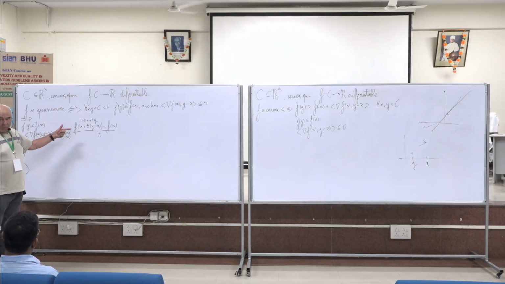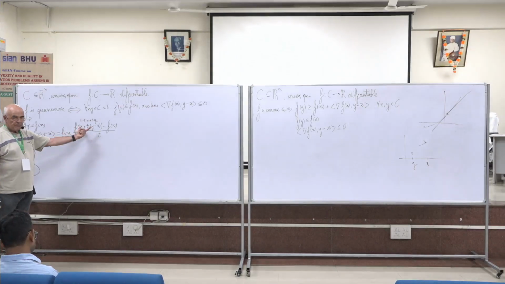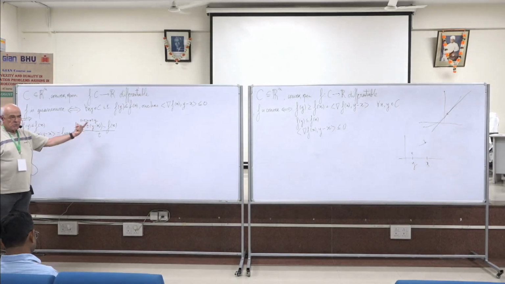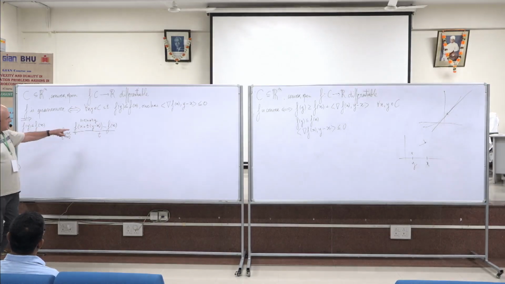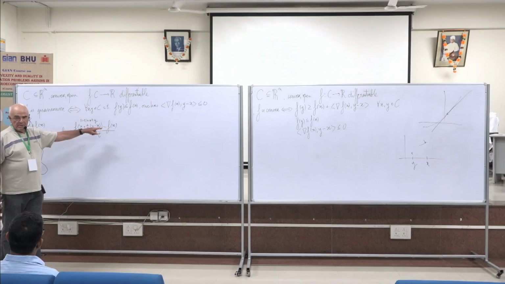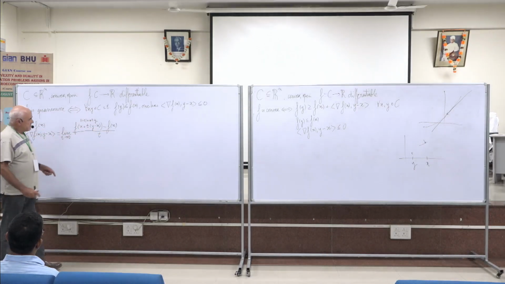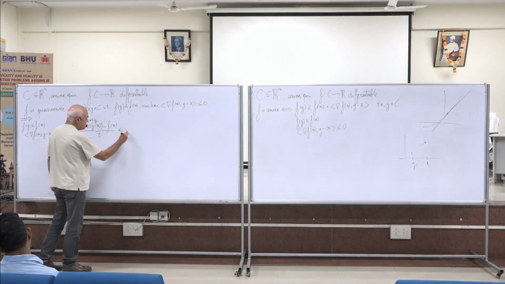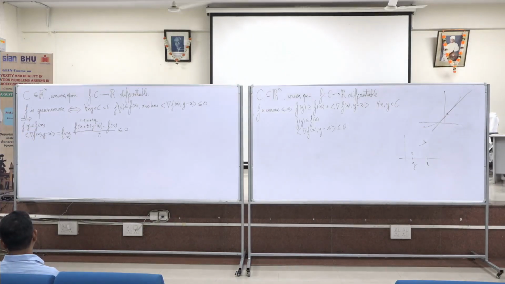And by quasi-convexity, which we are assuming, this convex combination is less than or equal to the maximum of f of x and f of y. But in this situation, the maximum is f of x, which means this difference is negative. And we are considering t positive. So divided by t, this is less than or equal to 0, as was to be proved.